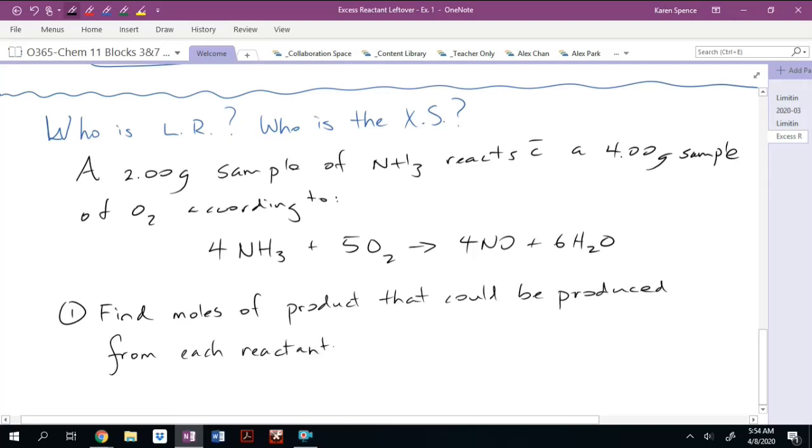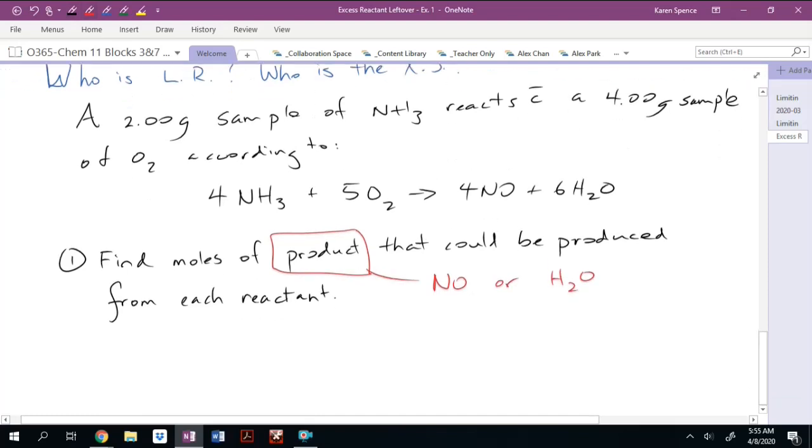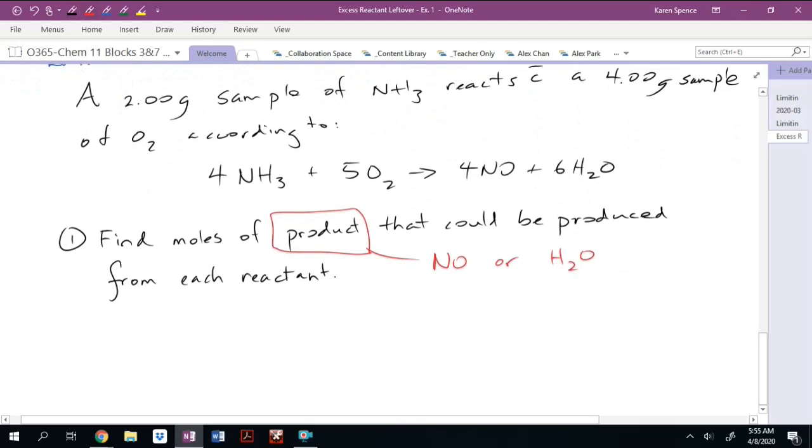It doesn't matter which product you use. You could choose either NO or H2O. Doesn't matter which, as long as you do the same product from both reactants. Let's choose NO in this case.